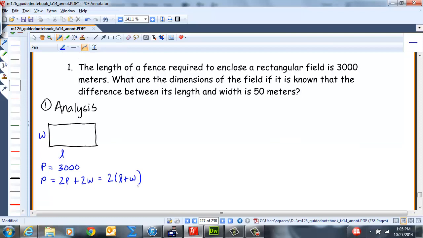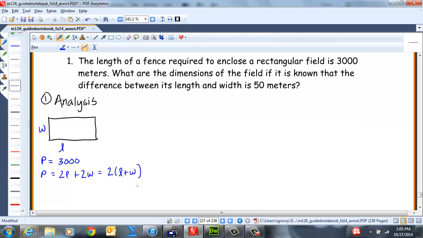What else have we been given? Great, we've been given that the difference between the length and width is 50 meters. So since the length came first and the width came second, that means that the equation would look like this. Oops, kind of a crazy L. Okay so far?